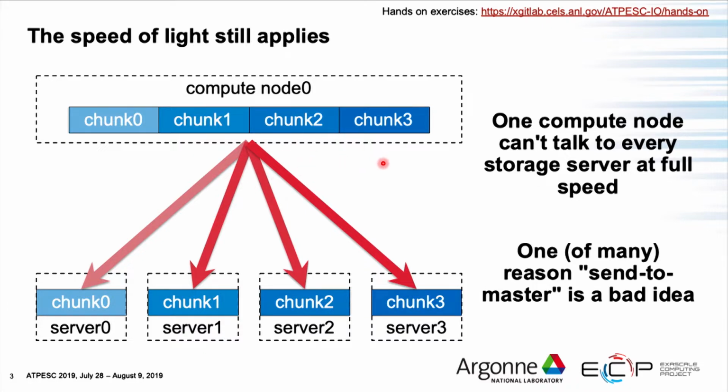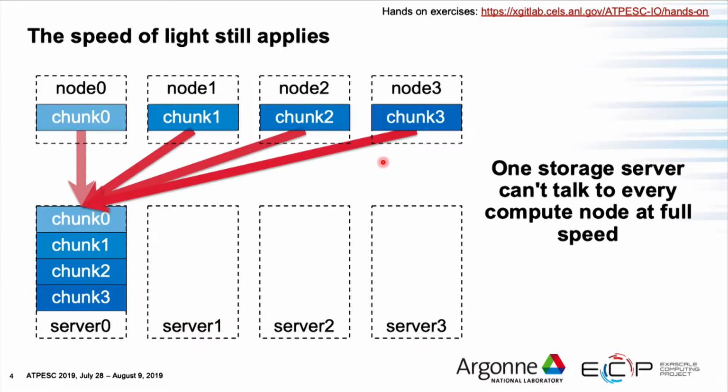This is the situation that Rob described earlier, which involves, if you were to send all of the data from all of your MPI processes to the master process and then make that process do the I/O, you're really leaving a lot of performance on the table for this very reason. So even if every one of these Lustre servers or GPFS servers might have a 100 gigabit network connection, if your client or your compute node only has a 100 gigabit network connection, you're not going to be able to get 400 gigabits a second of I/O traffic into your compute node or out of it. So that's one bottleneck.